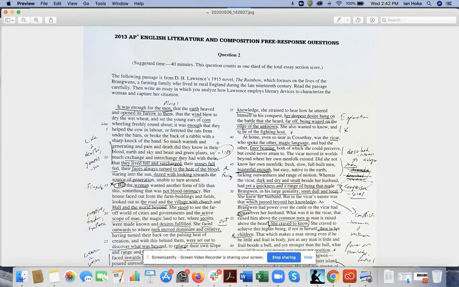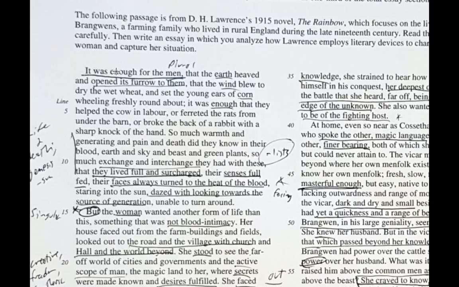Okay. As I read this initially, right away, if you look at this first clause, "It was enough for the men." Well, men is plural here. "It was enough." Fancy term, it's a periodic sentence. The goodness comes at the end because it starts with "it was." So let's look at what was enough.